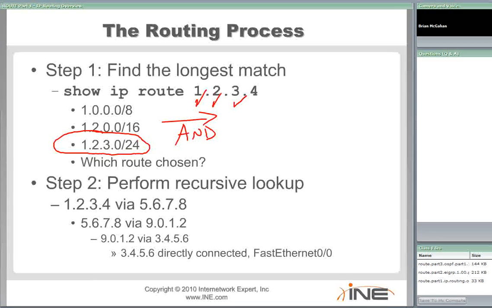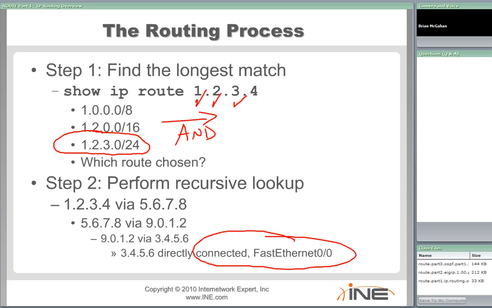Now, in certain cases, one route can point to a second route, where the second route points to a third, the third points to a fourth, and on and on. This is what we call the recursive routing lookup. Now, the ultimate goal of the recursive routing lookup is that it really doesn't matter how many times we have to keep looking it up, as long as we end up pointing at a connected interface.